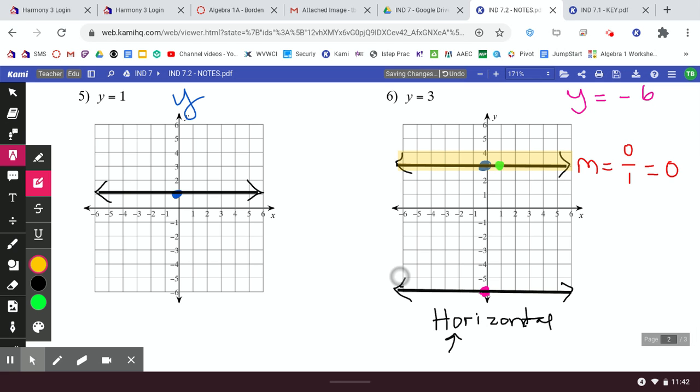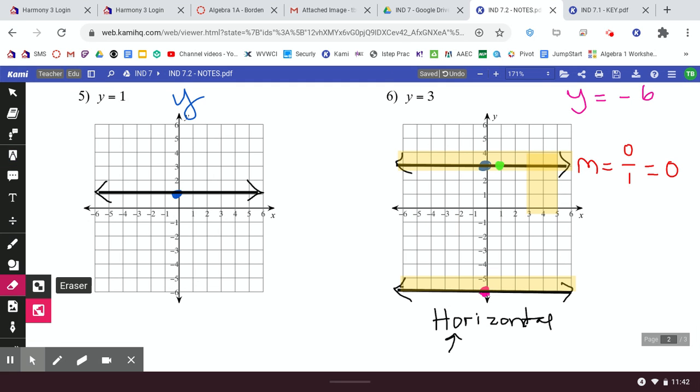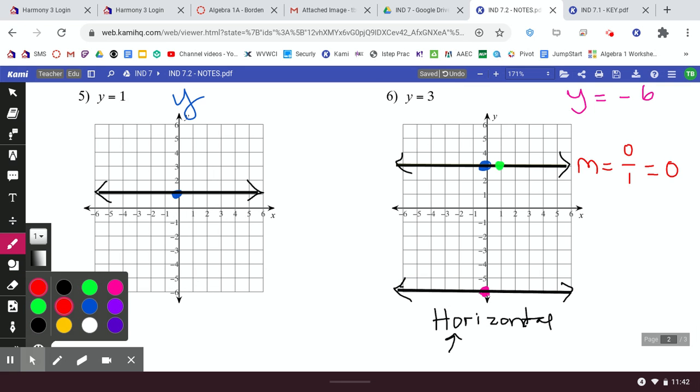I'm sorry, I was hoping to be able to use the highlighter, but it didn't work. All right. So if you look at the two horizontal lines, if you connect them, what do they make? They make a Z. That's what I was trying to show you.